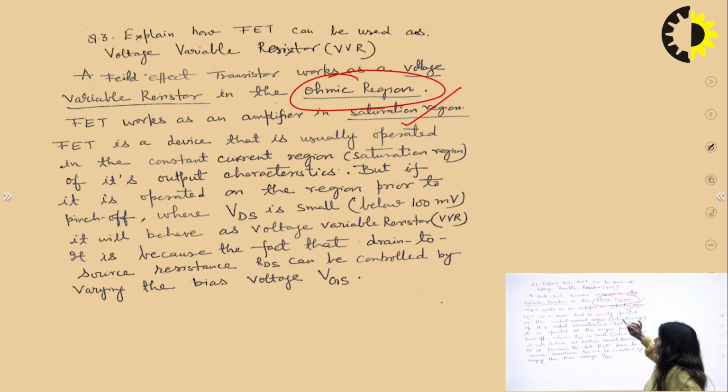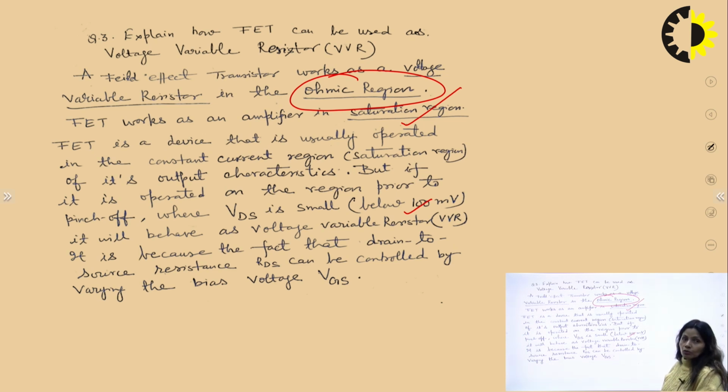And FET is a device that is usually operated in the constant current region on its output characteristics. But if it is operated in the region prior to pinch off where VDS is small, below 100 millivolt, it will behave as a voltage variable resistor. It is because of the fact that drain to source resistance RDS can be controlled by varying the bias voltage VGS.